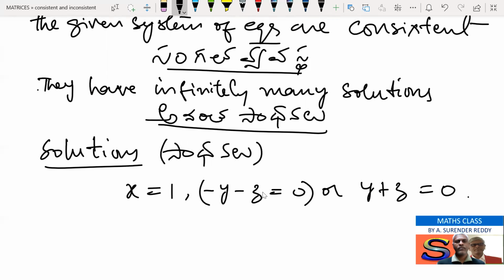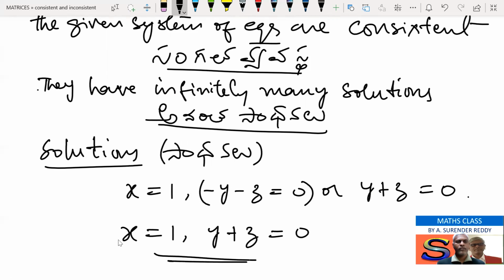So this is the solution: x is equal to 1 and y plus z is equal to 0. This is the infinite solution, infinitely many solutions.